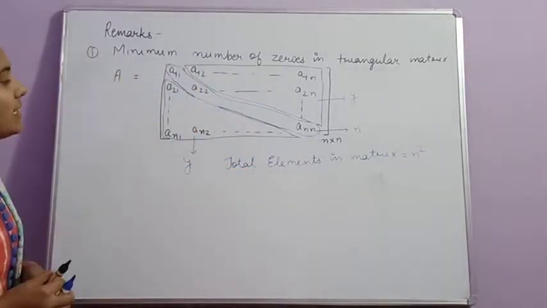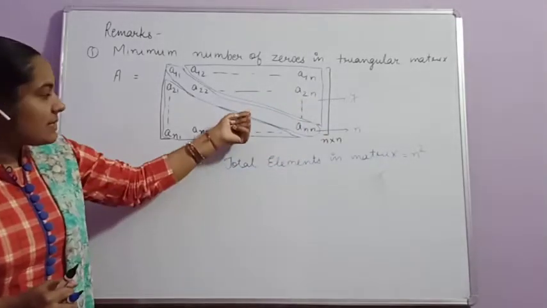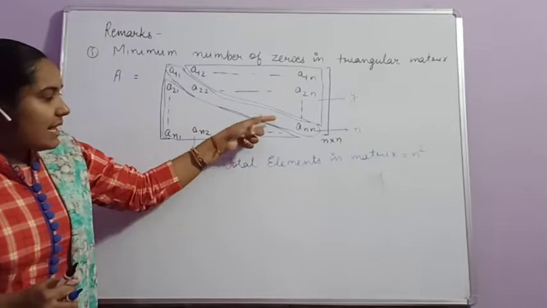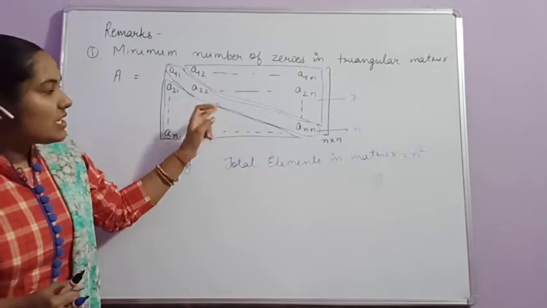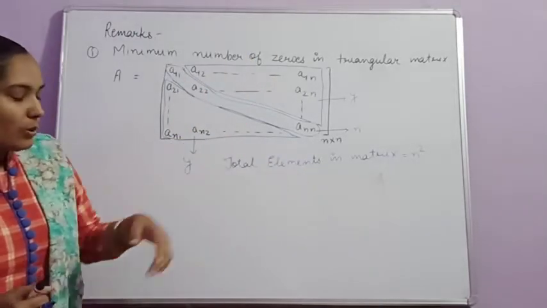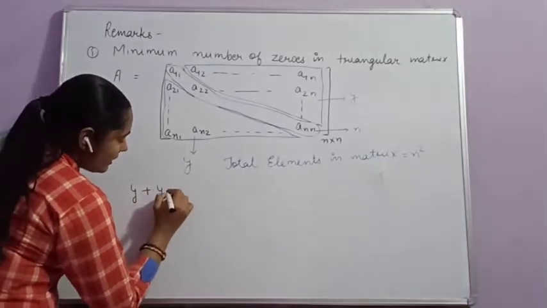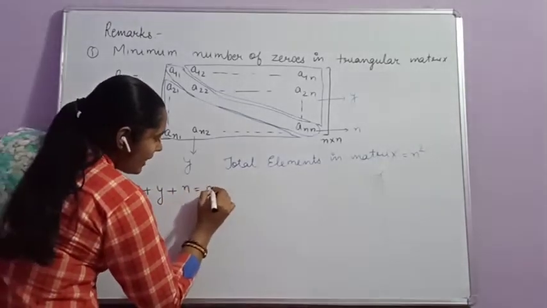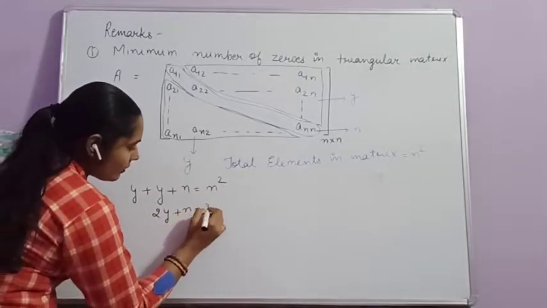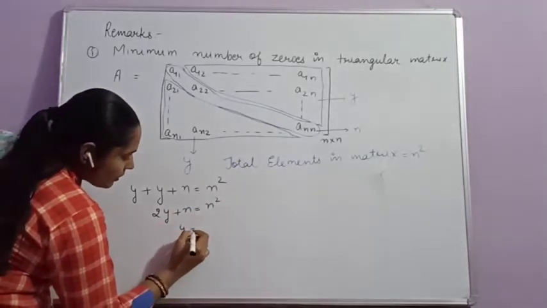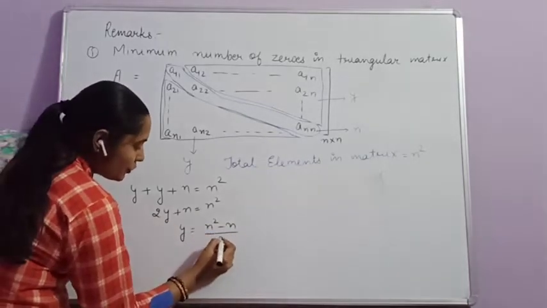Here, we know that the sum of the elements of the upper triangular matrix, plus the principal diagonal elements, plus the lower triangular matrix elements must be equal to the total number of elements, that is n square. We can write y plus y plus n is equal to n square. Simplifying it, 2y plus n is equal to n square. y is equal to n square minus n divided by 2.